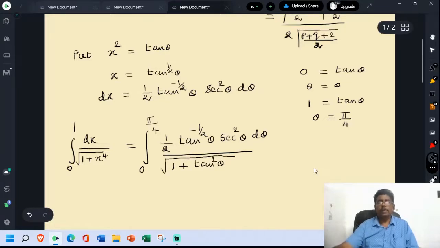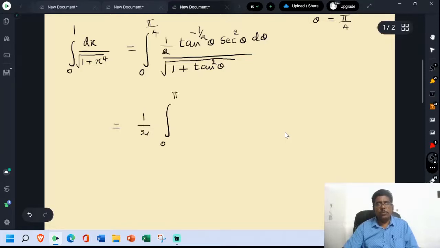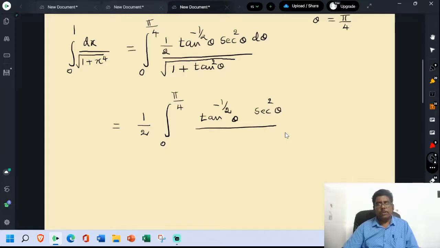Now this is modified as, taking the 1 by 2 outside, 1 by 2 integral limit varying from 0 to pi by 4, tan power minus half theta secant square theta divided by 1 plus tan square theta, which is equal to secant square theta. Root of secant square theta is secant theta. Secant theta into d theta.